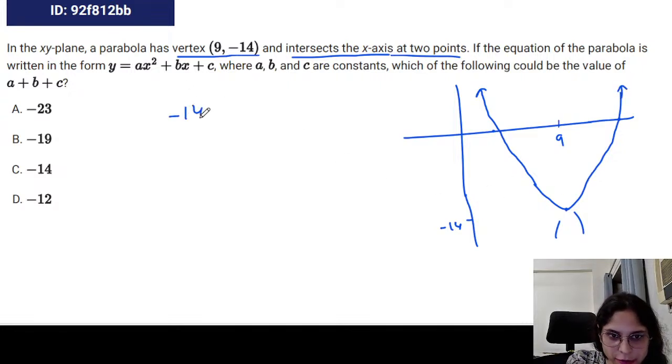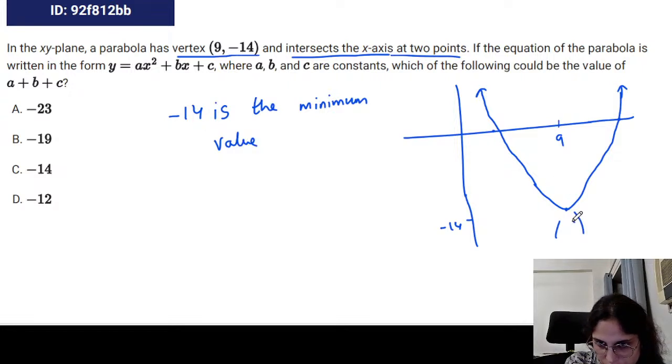That means negative 14 is the minimum value, because the parabola is going up, because it had to intersect the x-axis at 2 points.